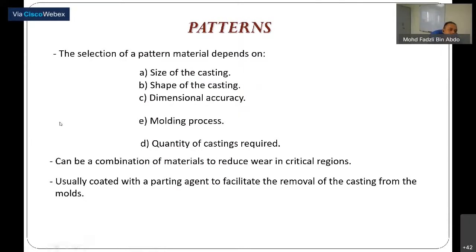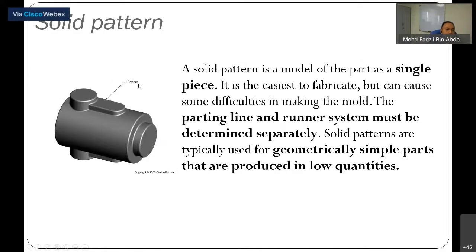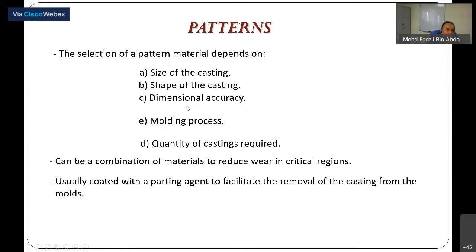The selection of the pattern material depends on several factors. It depends on the size of the casting and the shape of the casting. The keywords are size, shape, and then dimensional accuracy, the dimensions in centimeters and millimeters, and then the molding process, and the quantity of the casting required.